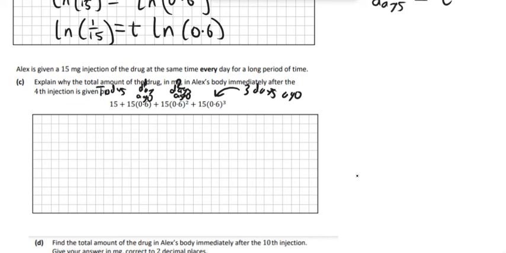So if you think about it, this has to be how much is left in his body from that injection. So that's one injection there, and that he got 3 days ago.